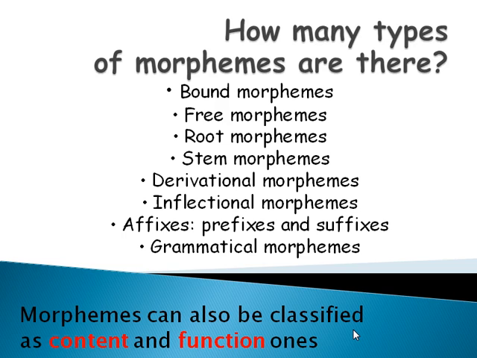The spelling may be different, okay, but the morpheme is the same. When I talk about allomorphs, I don't talk about morphemes in the plural. I talk about one morpheme and its possible allomorphs. Okay, this is just a review from last class.